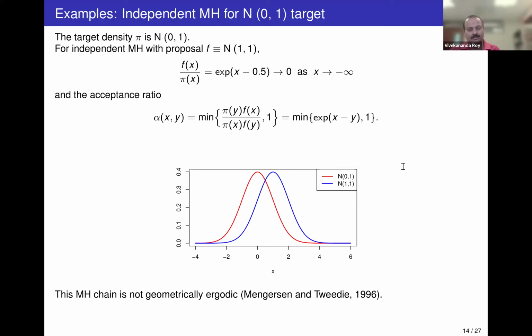It is known that this Metropolis algorithm performs very poorly. It is not geometrically ergodic. In fact, you can see that the acceptance rate alpha(x,y) is very small when y, the proposed value, is larger than my current value. So it's not going to move to the right, basically.